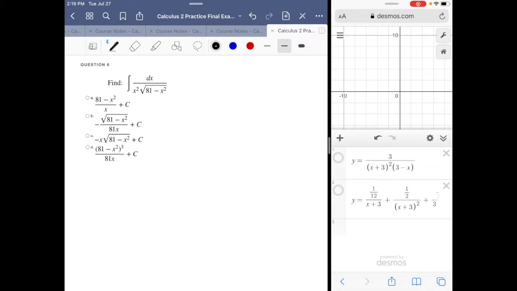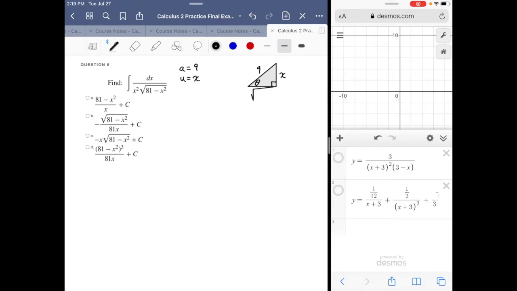Now this is in the form where you see the numerical value comes first, so this looks like an arc sine situation. So I'm going to draw a triangle. The a value is going to be 9, the u value is going to be x. I want to get a sine ratio out of this, opposite over hypotenuse.